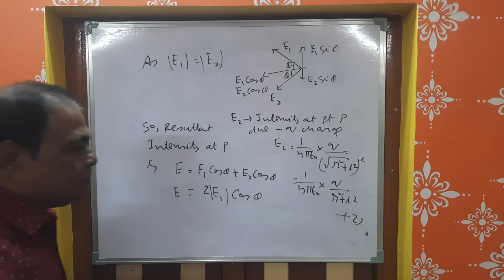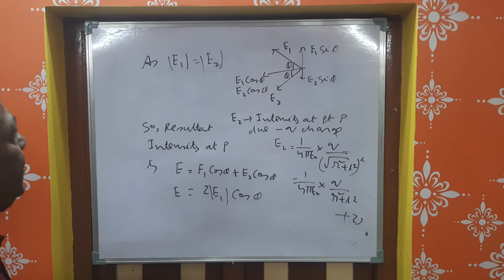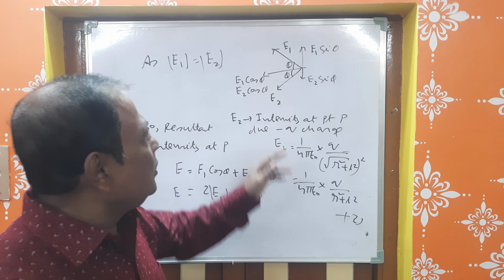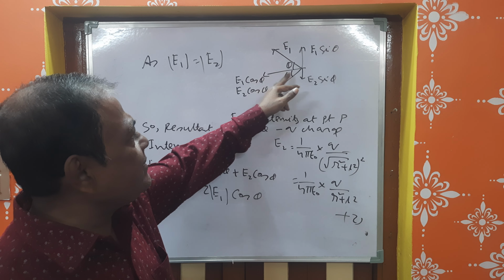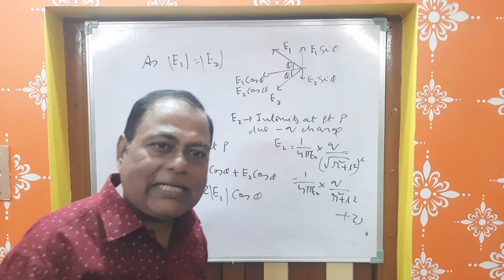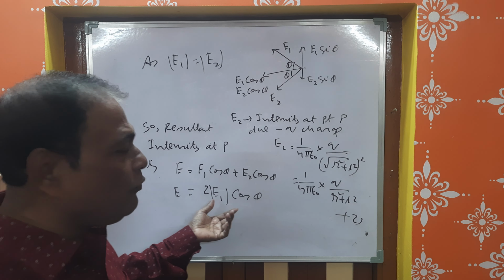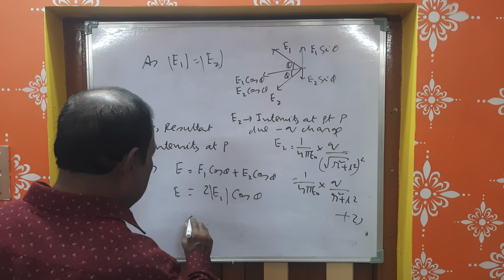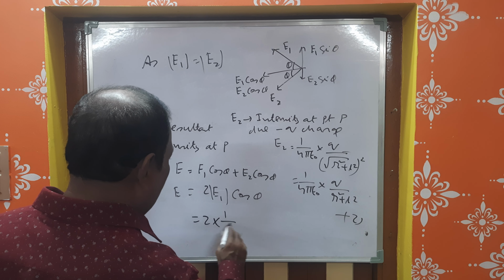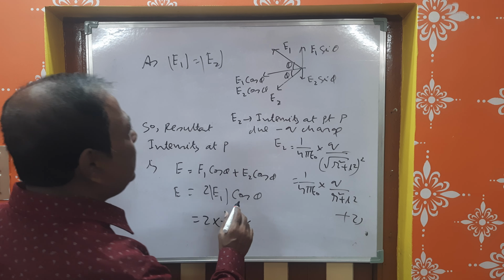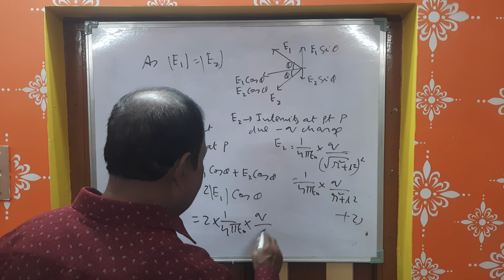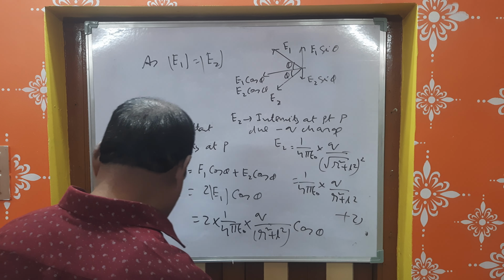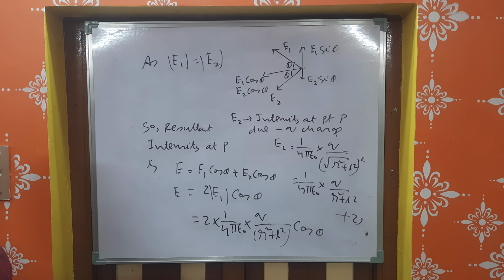That is your E. I think all of you are clear why: E1 and E2 have the same magnitude, so total intensity is 2 E1 cos theta. Again, you can write 2 into E1, where E1 is 1 by 4 pi epsilon naught into Q by R square plus L square, and into cos theta.